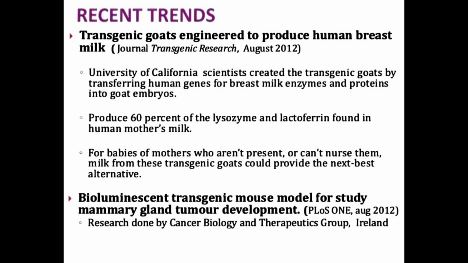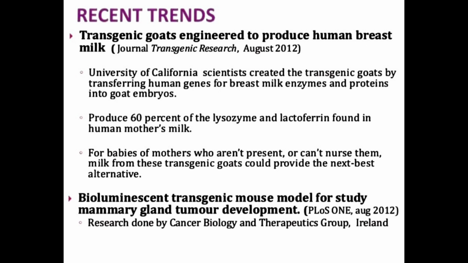Recent trends. Transgenic goats engineered to produce human breast milk. University of California scientists created the transgenic goats by transferring human genes for breast milk enzymes and proteins into goat embryos. They produce 60% of the lysozyme and lactoferrin found in human mother's milk.